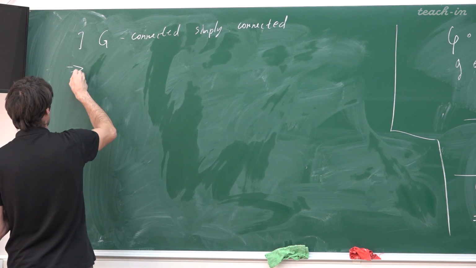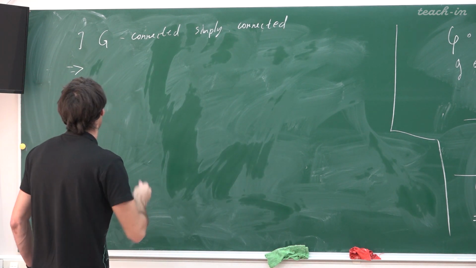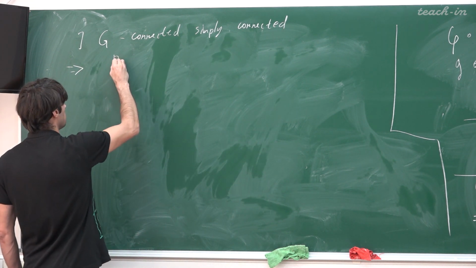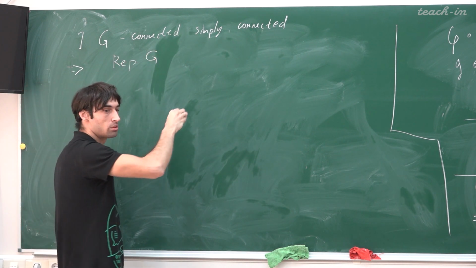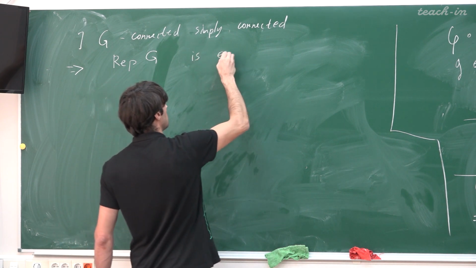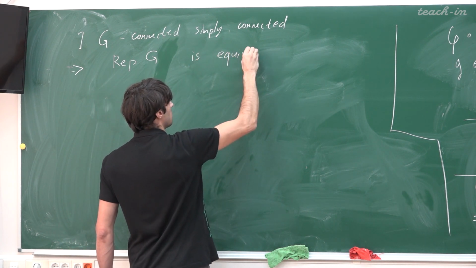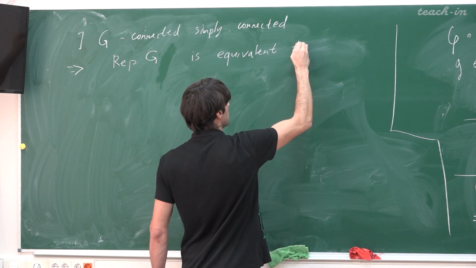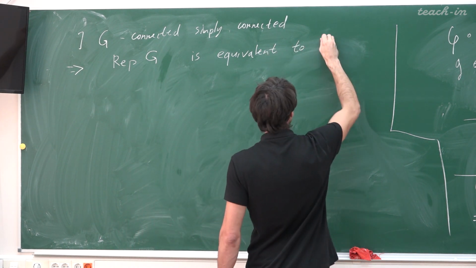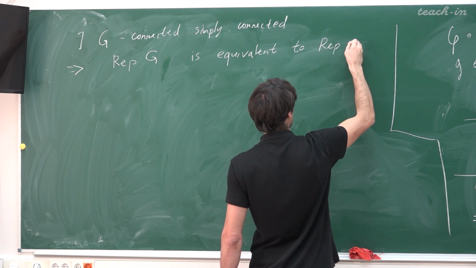Then, again, using smart people language, Rep G is equivalent to Rep g, the small g.